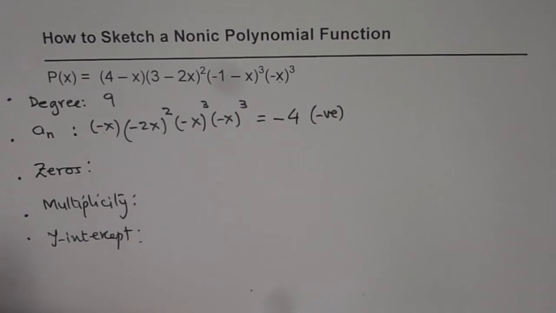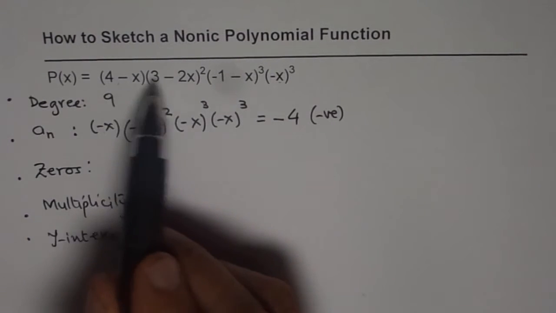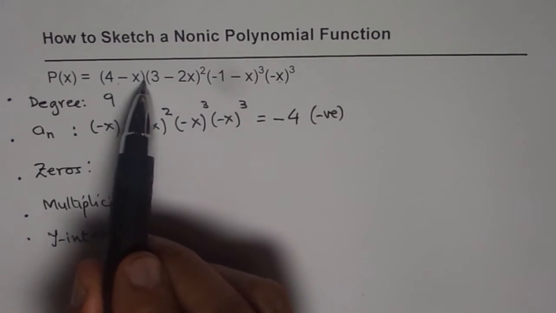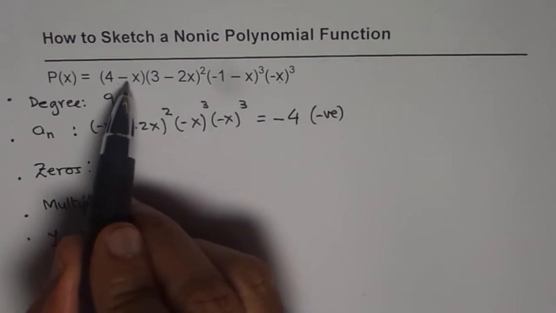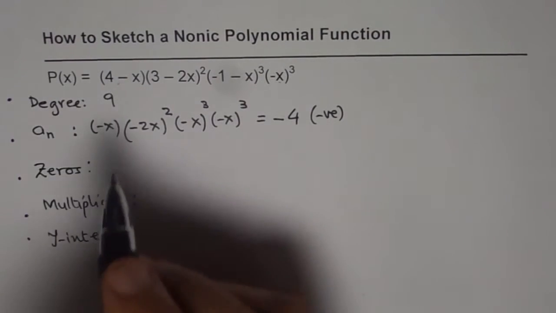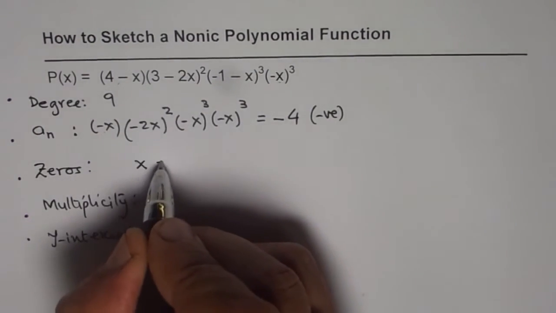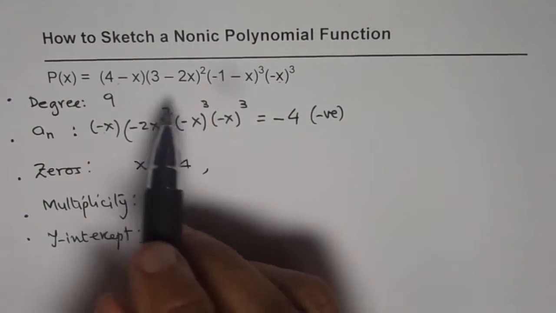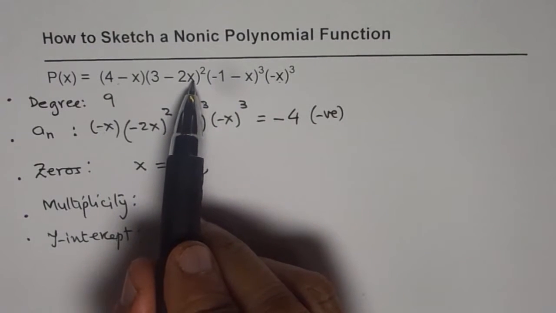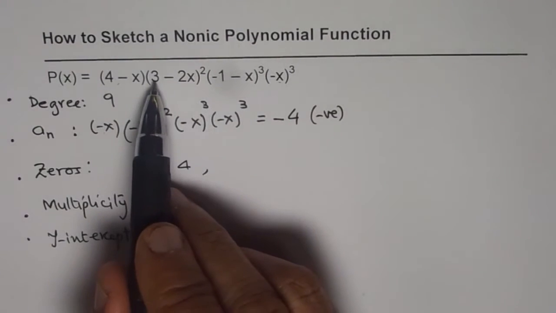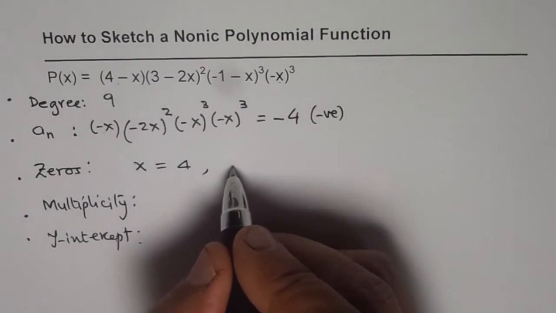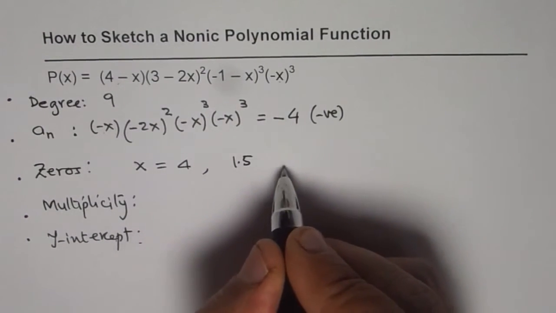Okay, so let's look into zeros now. Zeros for us are, let's begin from left to right. Here we have 0 when x is 4, right? So this term will be 0 when x is 4. 4 minus 4 is 0. So first zero is when x equals 4. The second one will be 0 when x is 3 over 2, so let me write 1.5, 3 over 2.